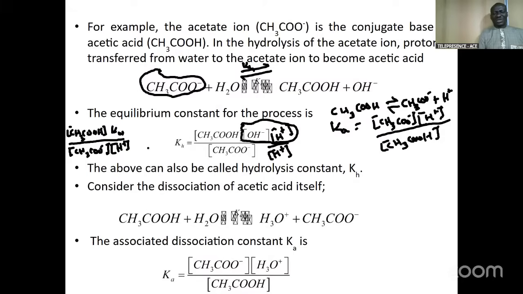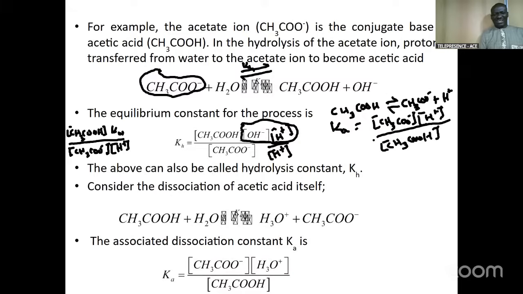All right, so I have this. Now, if you look at what is left and compare with this, you will notice carefully that what I have here, CH3COOH, is the inverse of what I have here.